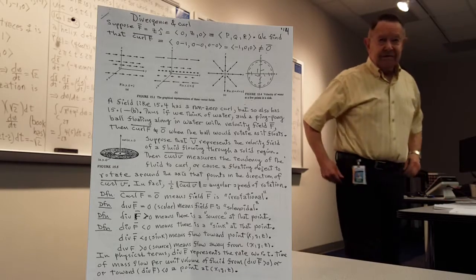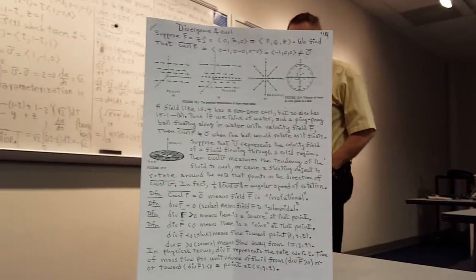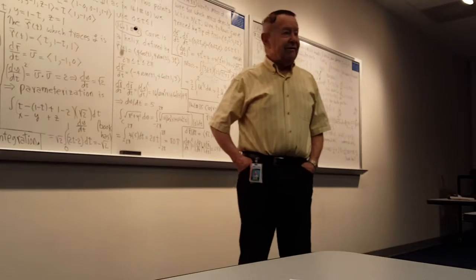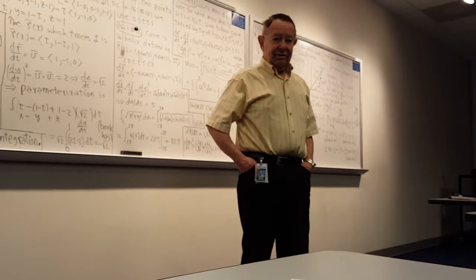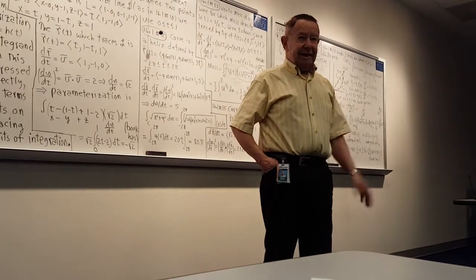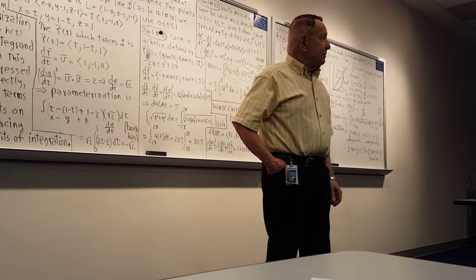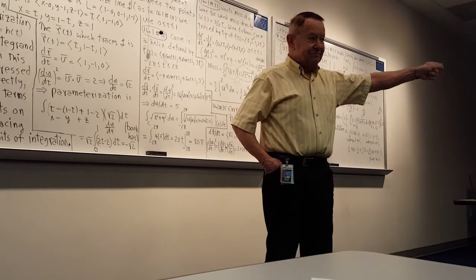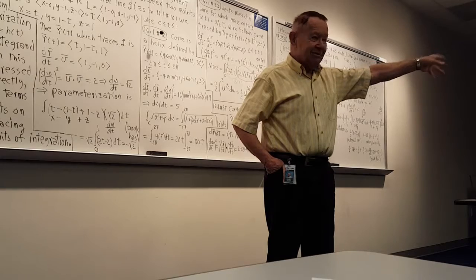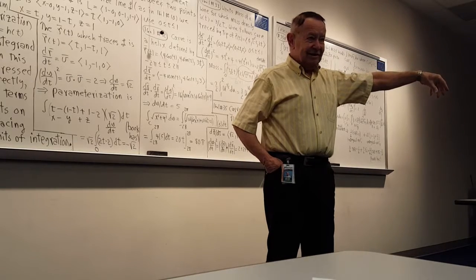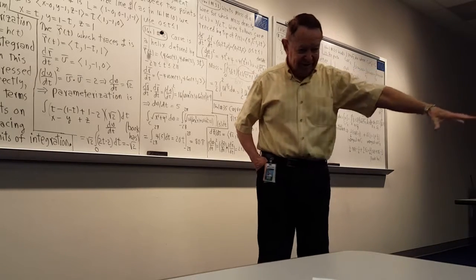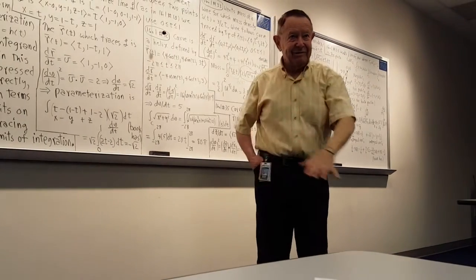So to understand curl, first of all, think of what we would call a flow. So imagine that there's a big water main that's in that wall over there, and that it has broken, and so we've got a flood going across the floor.